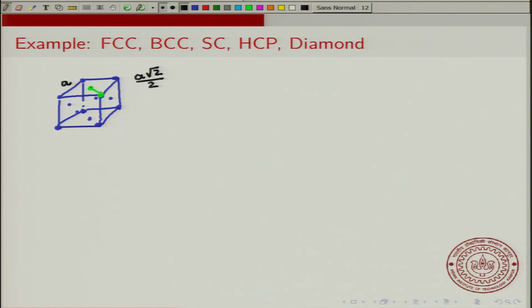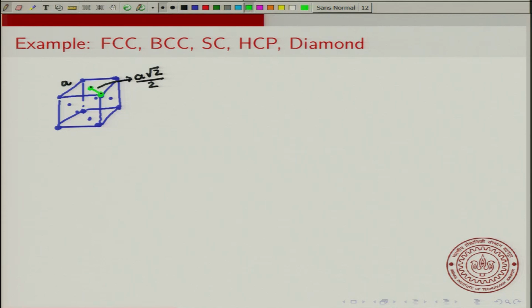So, the distance between these two atoms is a root 2 by 2. This is the closest neighbor for an FCC. Now let us take this out and see where else.